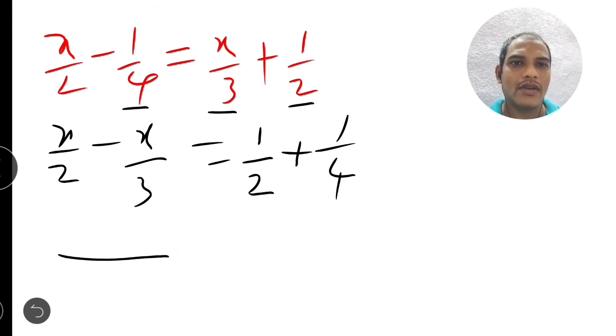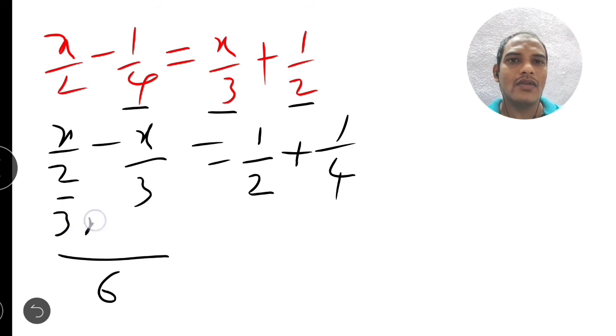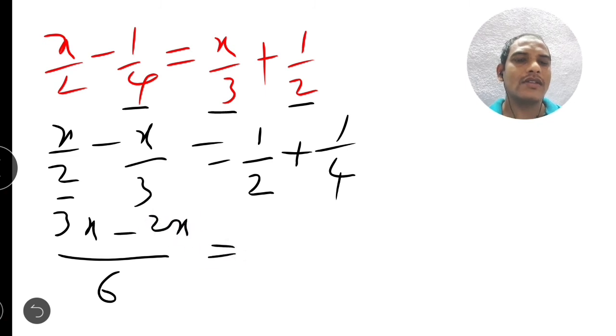So now variables LHS side and constants RHS side. Now let us find out the LCM of 2, 3. They are co-prime numbers, so the LCM is their product, that is 2 3s are 6. 6 in 2 table is 3s are, so 3 into numerator, minus 6 in 3 table 2s are, 2 into numerator. It is equals to 2, 4 LCM.